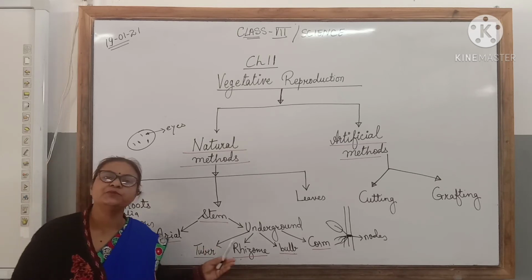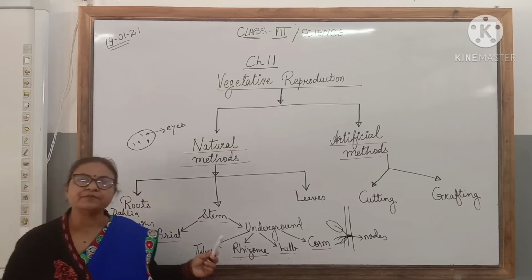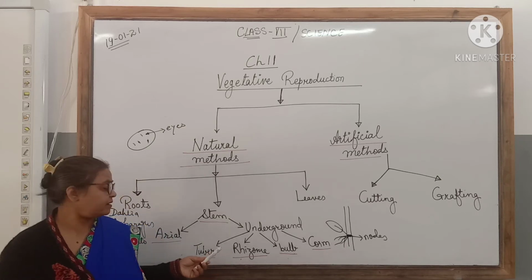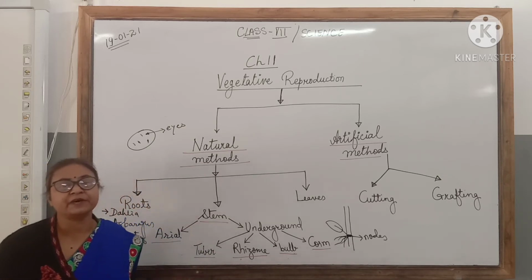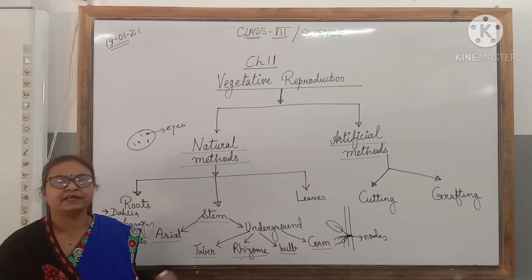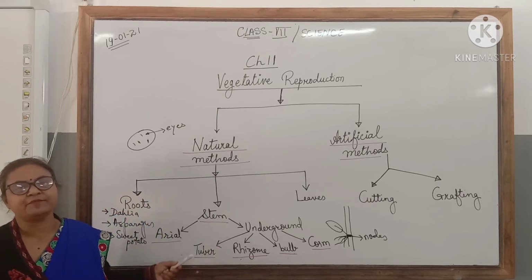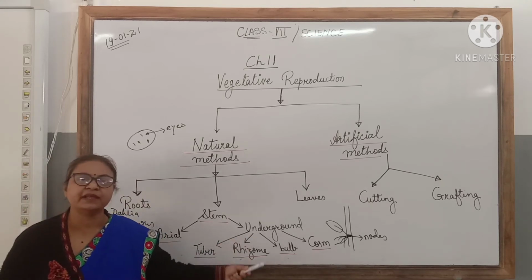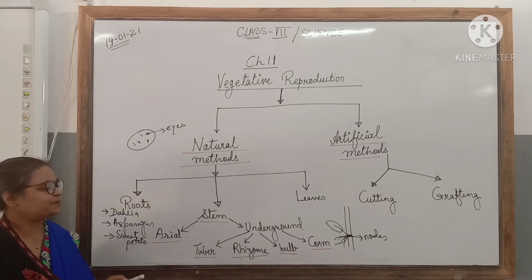From each node, a new plant can be obtained. Similarly, turmeric is also having the same kind of structure, only the color is different. In the turmeric, it's a yellow colored ginger-like structure. And turmeric also reproduces with the help of underground stem called rhizome. Even banana plant can be grown from the underground stem rhizome.